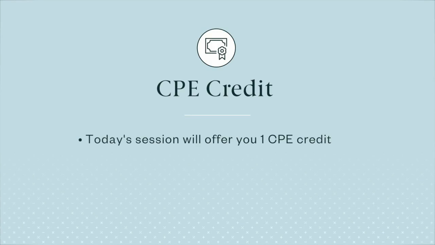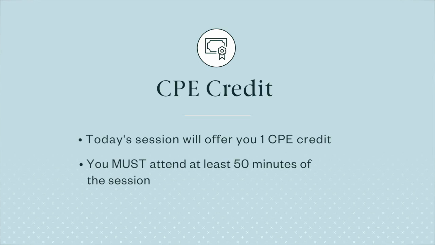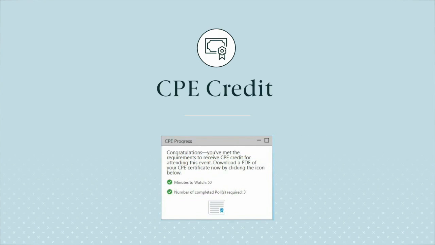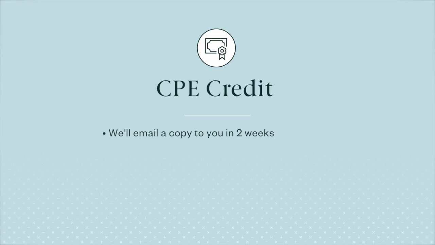To receive credit, you must meet the requirements as specified by the National Association of State Boards of Accountancy. You must attend at least 50 minutes of the session and respond to at least 75% of the polling questions, which we'll ask throughout today's presentation. To respond to a poll, click the button next to your answer. We'll track your progress and alert you when you've earned CPE credit. You can then click the certificate icon in the CPE Progress widget to open a PDF file that you can save to your computer. Don't worry if you can't download your PDF certificate today. We'll email a copy to you in 2 weeks.